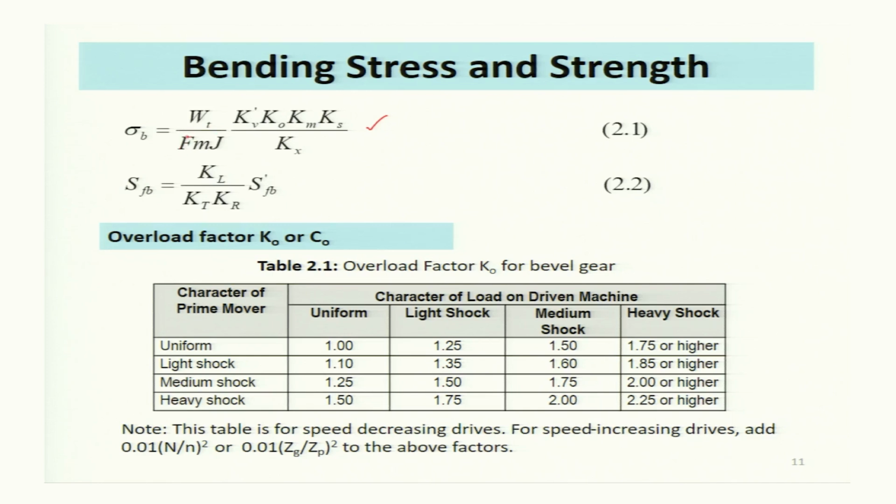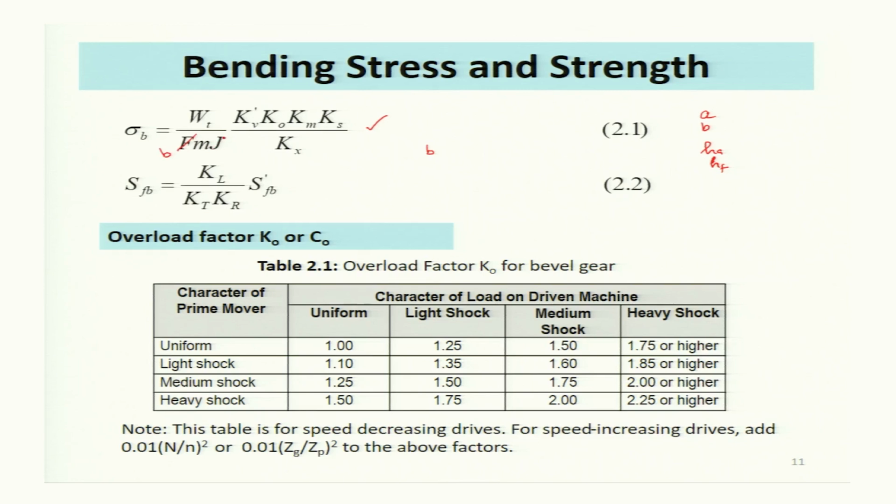For the case of spur gear, the face width was taken as F. For the case of bevel gear, it is B. Well, because in the case of spur gear, the addendum was taken as A and the dedendum was taken as B, but in the case of bevel gear, we have taken HA and HF, and so B is taken as the face width. So in place of F, you can write B for the case of bevel gear.